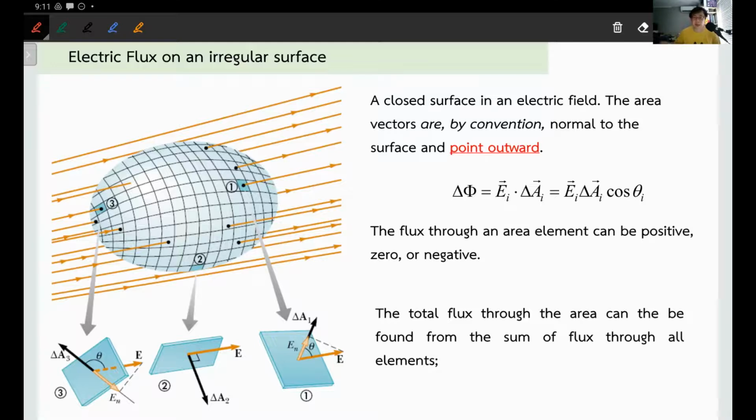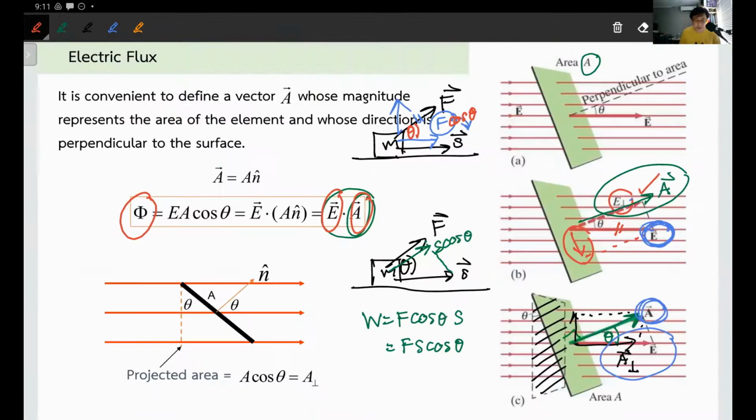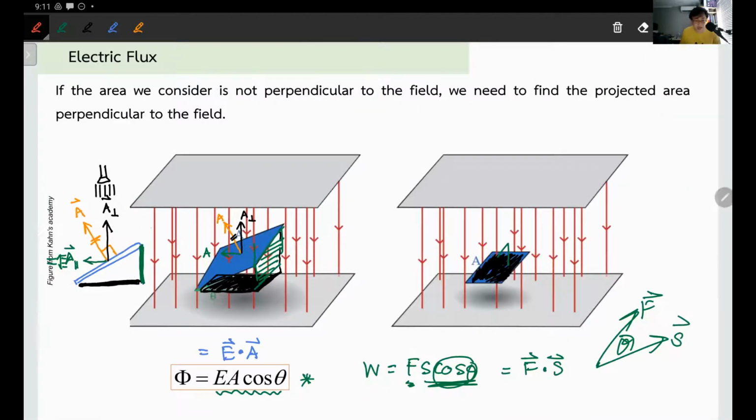Before we look at exercises, now I turn this flux into just the dot product between the electric field vector and the area vector. You can write it out as E times A times the cosine of the angle between the two vectors. That comes back to the slide, EA cosine theta.